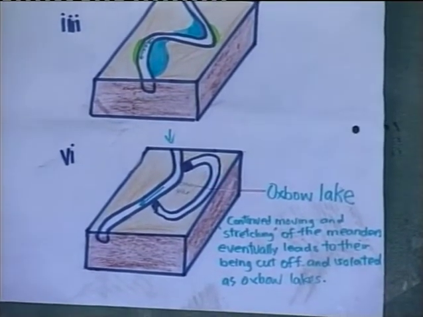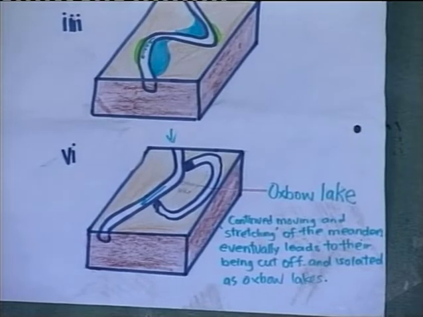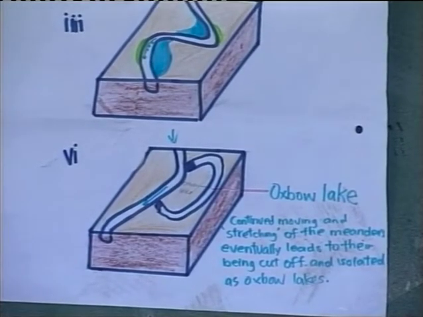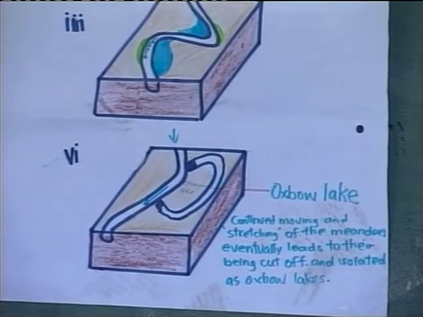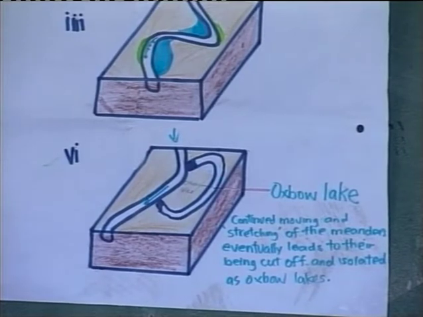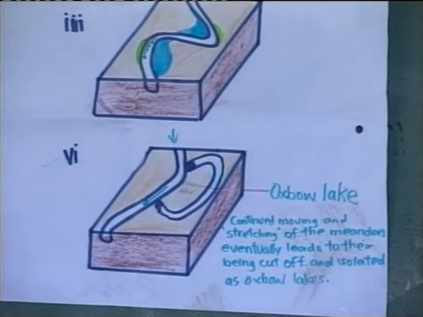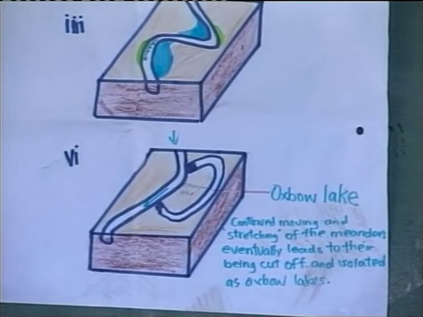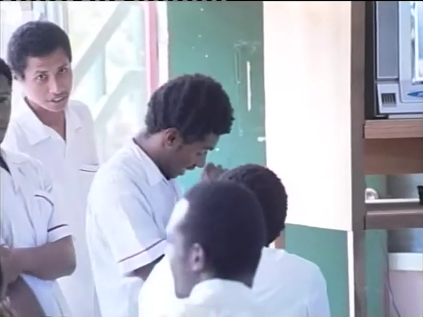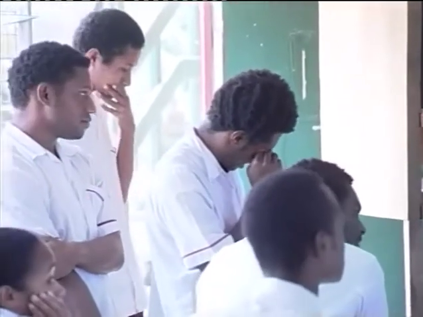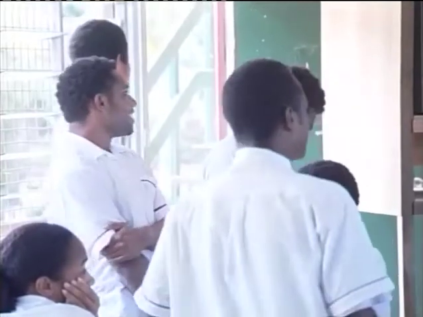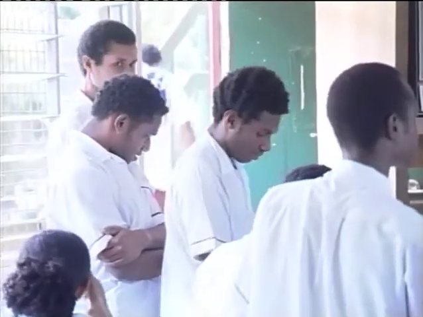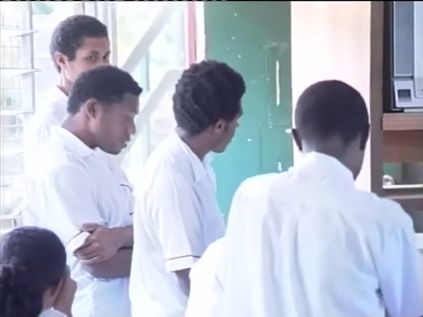Any questions? In what stage of a river is a meander found?